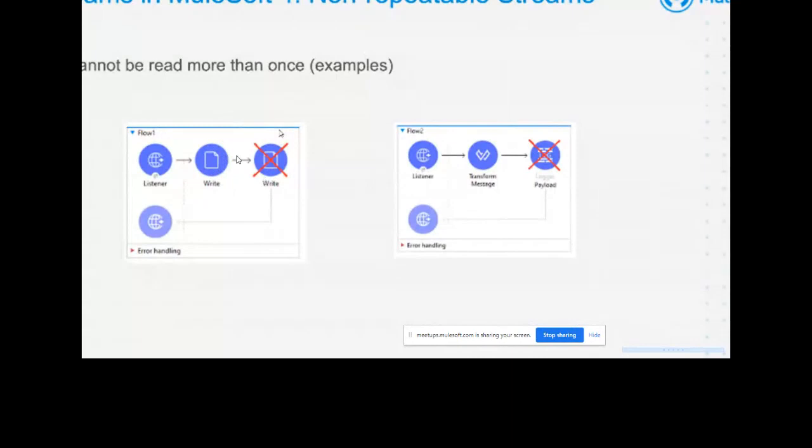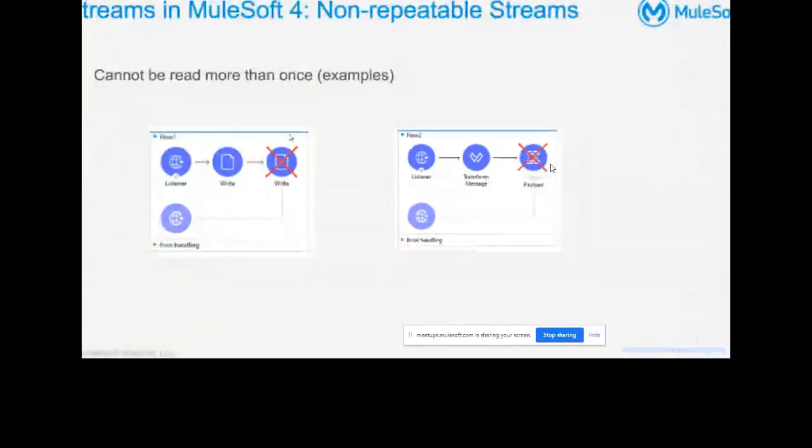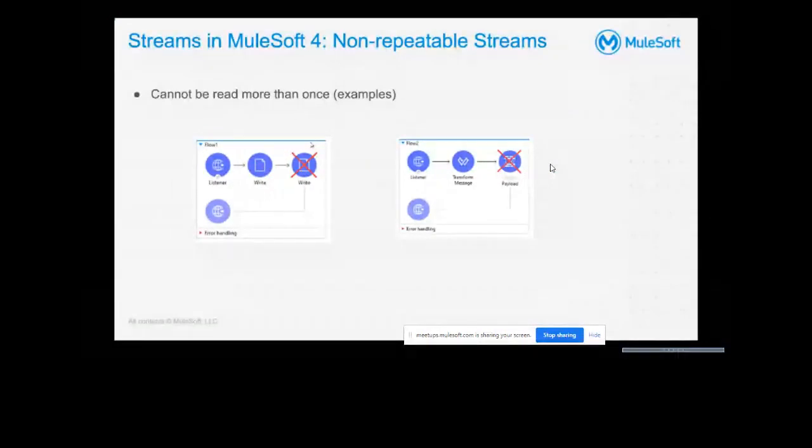In this case, the write function of the file. So the stream is coming from here, has reached this particular processor of this flow, and has been consumed. Now it cannot reach another processor for consumption because it has already been consumed. Similarly, in this flow, we have a transform message. We have already utilized the stream, so it will not go to the log processor. And thus it was creating an issue, and we might have to store it at some other place, thus making the performance inefficient.